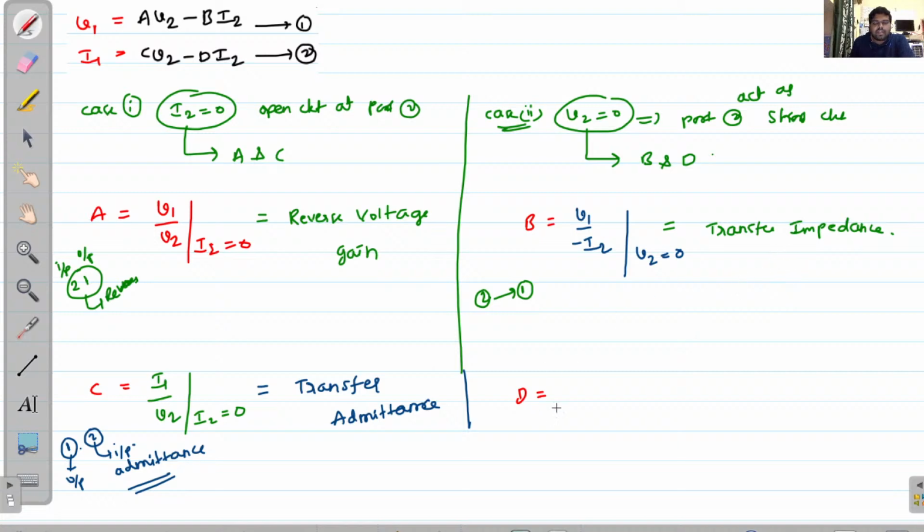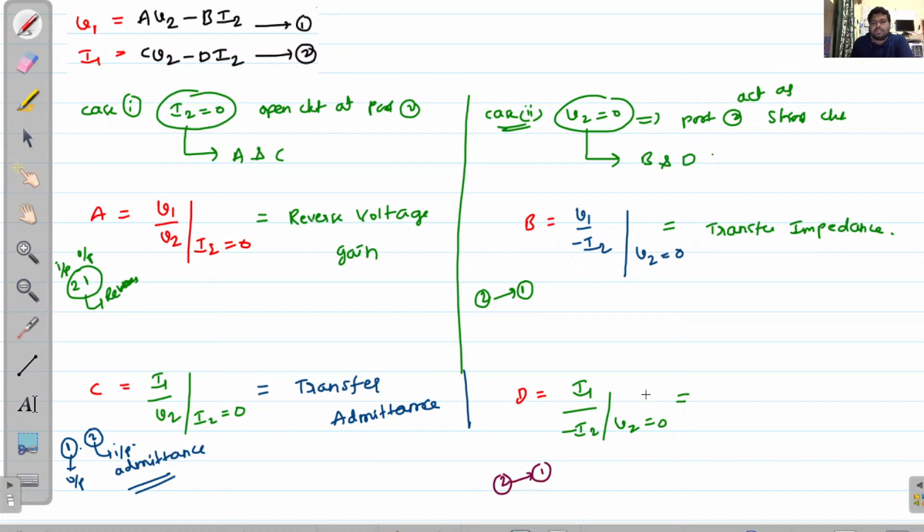And next, when we consider this D, we are getting I1 by minus I2, only when V2 equals to 0. So which is called current ratio, right? Here also we are starting from port 2 and ending at port 1.